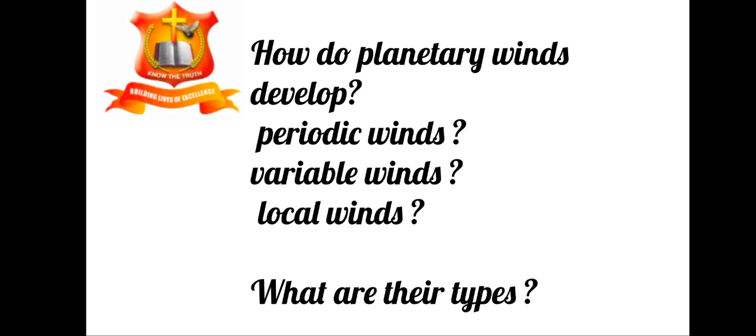How do periodic winds develop? During the day, high pressure prevails over the sea and low pressure over the land near coast. This is due to different rates of heating of land and water.